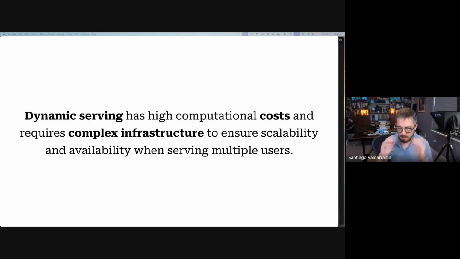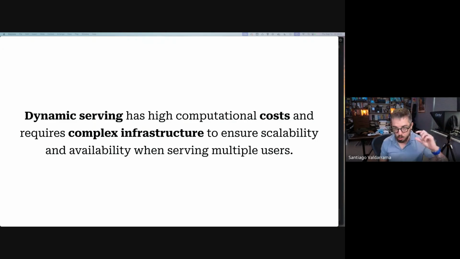Okay, so imagine that you're working for company Acme Inc. and want to deploy your model. You have to have a server running all the time. There's going to be a computer that's up and running, waiting for people to send requests. And obviously it will require more complexity because you have to ensure scalability and availability.